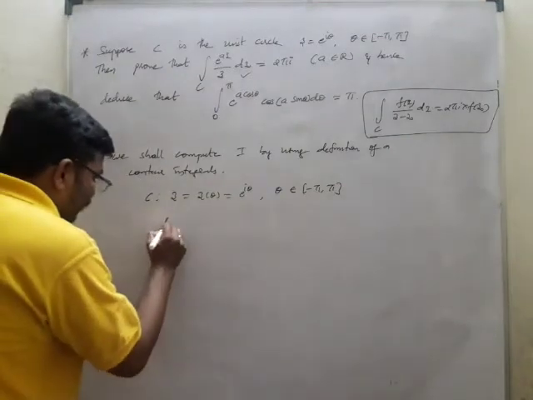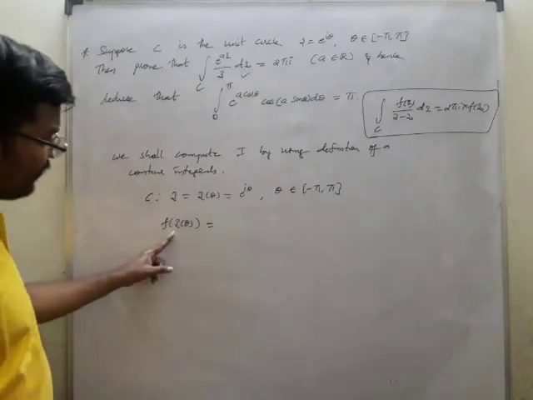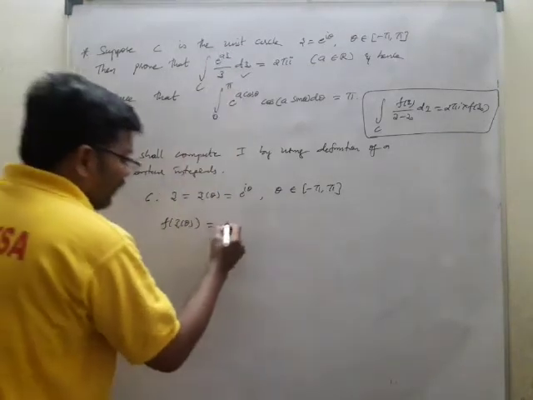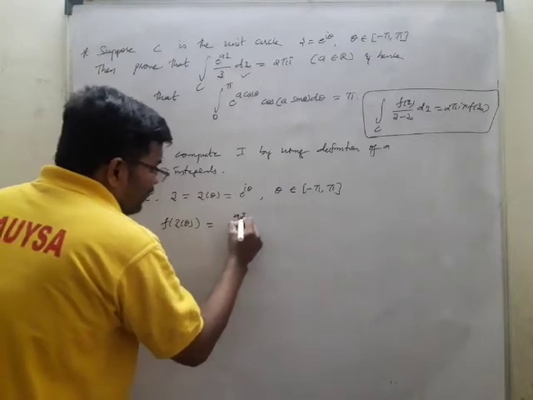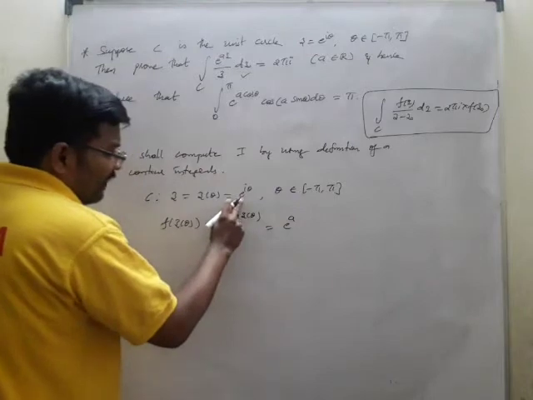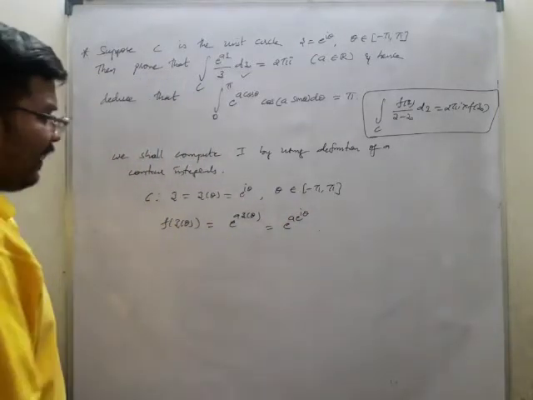So f(z(theta)) is e^(a z(theta)), which is e^(a e^(i theta)). This is what we have.